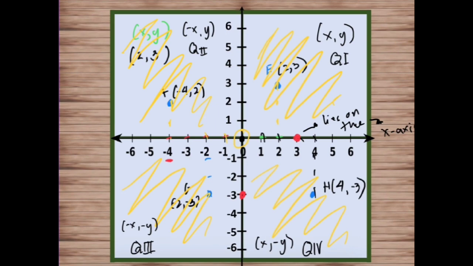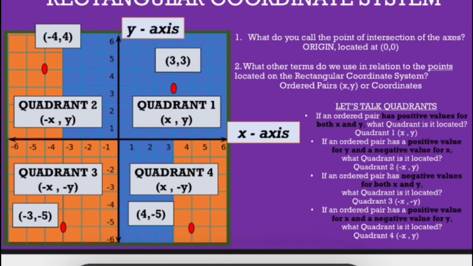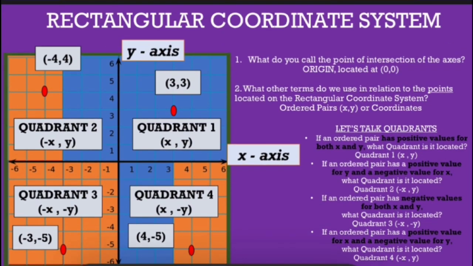So to summarize it, this is our definition of terms. You may have a copy of this one so that you won't be confused. Always remember, quadrant 1, all is positive. Quadrant 2, x is negative, y is positive. Quadrant 3, both are negative. Then quadrant 4, x is positive, y is negative. So that's how it works. Always remember, an ordered pair has different kinds of values.